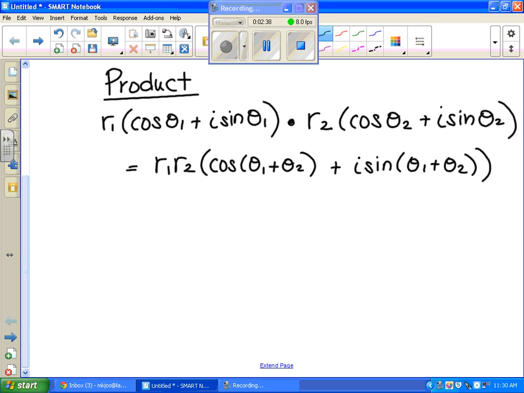Okay, the second formula is the quotient formula. Again, it's on your formula sheet.